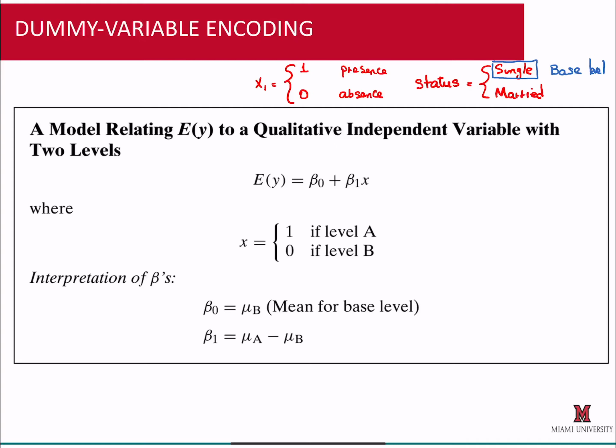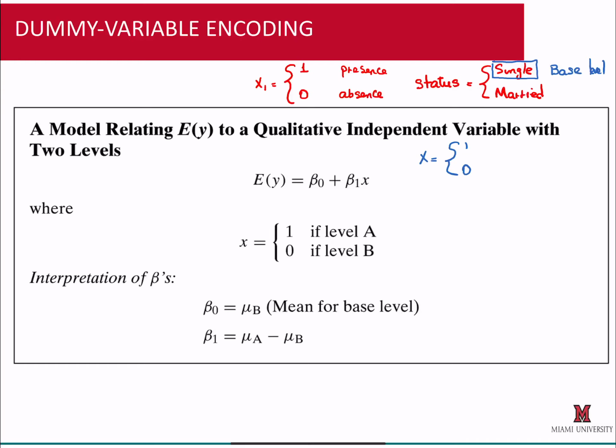Okay, so the next step is that we create dummy variables for each of the levels that are not chosen as the base. In this case, we just have one level left, which is married. So let's say that we create a dummy variable for the level married. Remember, a dummy variable can only take the values 1 and 0.